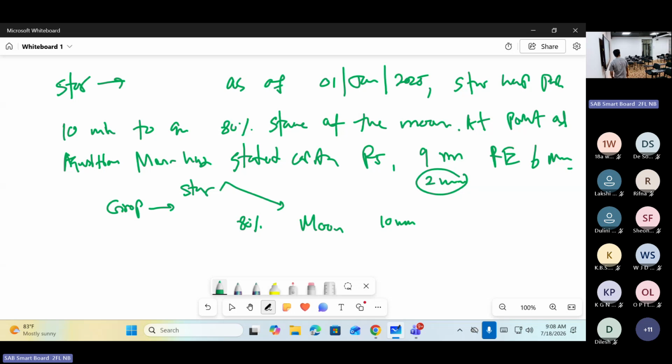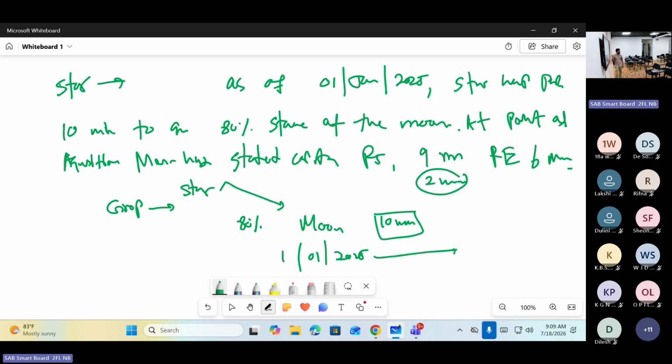The date they acquired is 1st of January 2025. This is the acquisition date. So this structure you have to write in your paper. Star PLC acquired 80% of Moon on this day. They have paid 10 million by using cash.